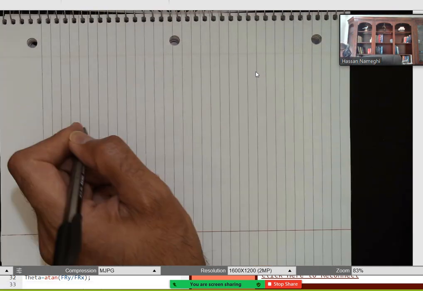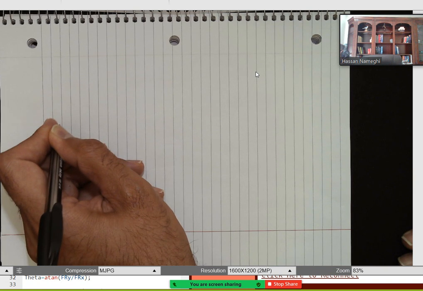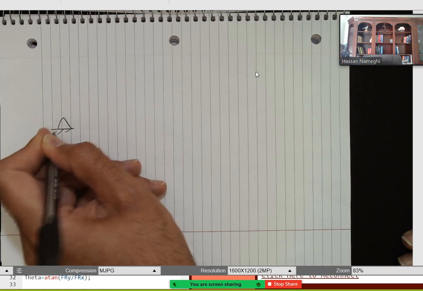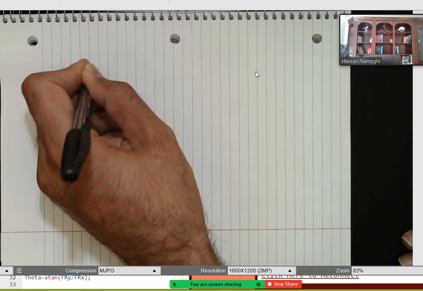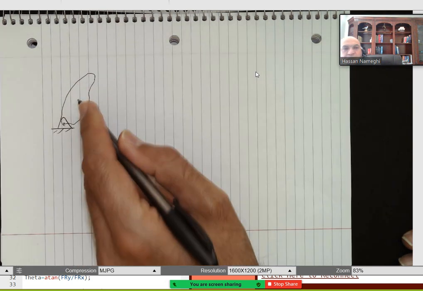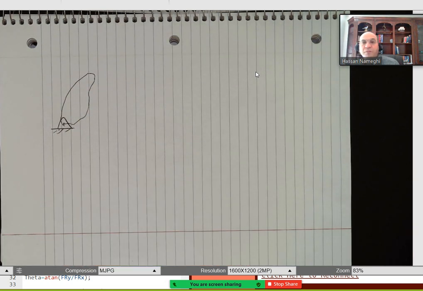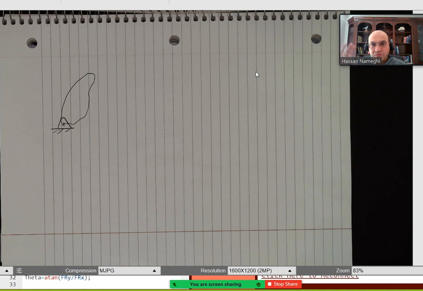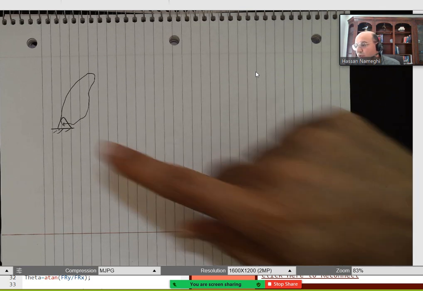If you have a pin connected to a structure, so for instance, a pin connection for something like this. Okay, this is the object, a pin connected. So the pin will allow for rotation, right? But you cannot move it in X, you cannot move it in Y. So that's why you have two reaction forces for a pin.